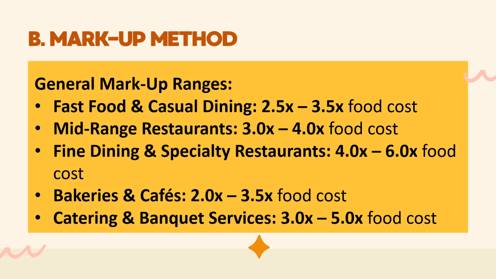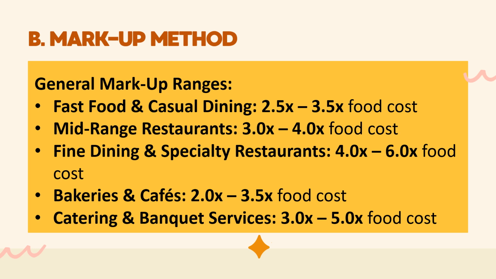And using the markup method in determining selling price, we have to take note of these general markup ranges. For fast food and casual dining, 2.5 to 3.5 times the food cost. For mid-range restaurant, 3 to 4 times the food cost.